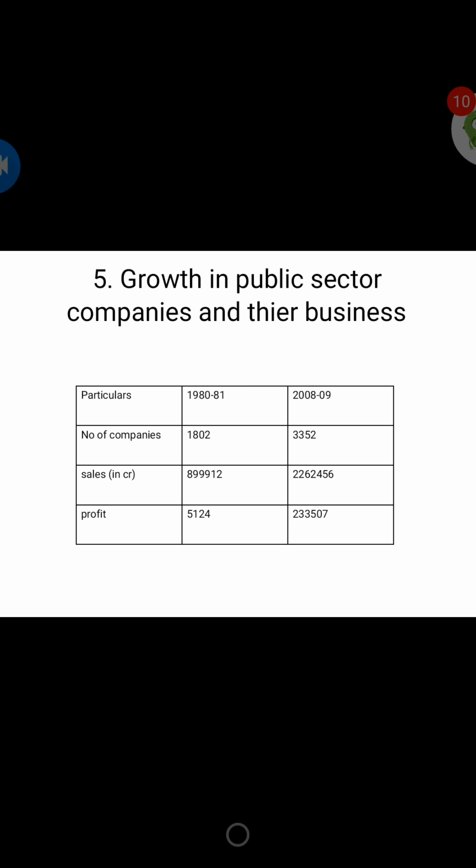Profit was 5124, which increased to 233507. So we can see the growth in the public sector. The above statistics relating to company growth between 1980 and 2009 clearly indicate the extent of business growth due to the new economic policy.